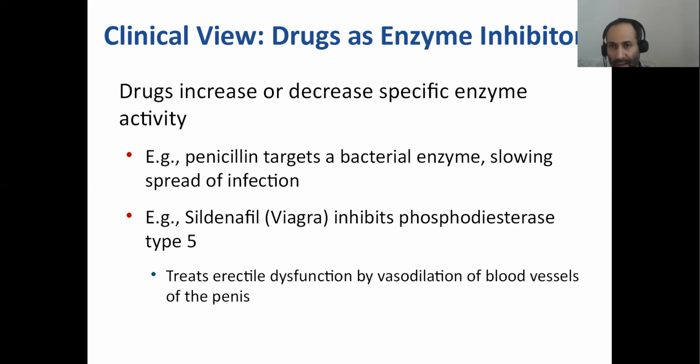So there were some side effects, like problems with vision. People started seeing everything with a bluish tinge, and headaches and stuff like that, right? Severe headaches, and it did not seem to have any greater of an activity as compared to nitroglycerin. So that was kind of like a disappointment.